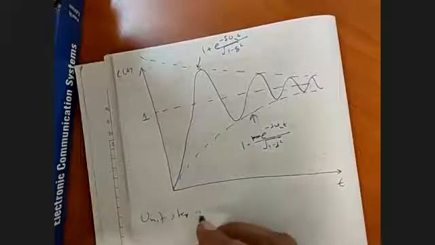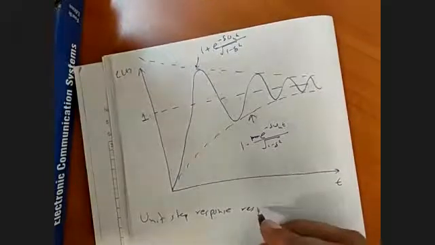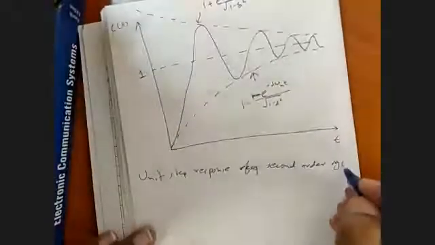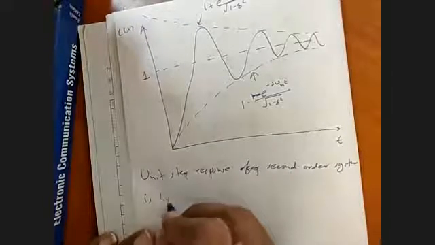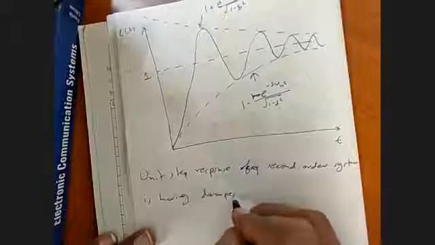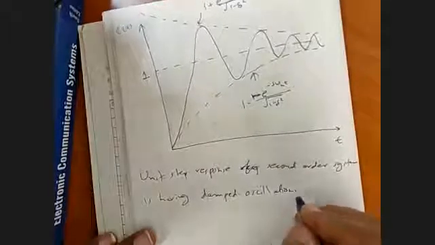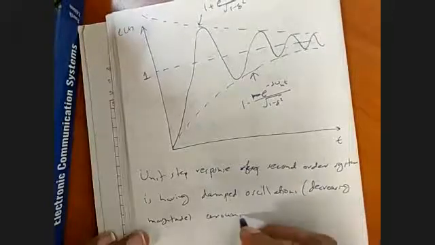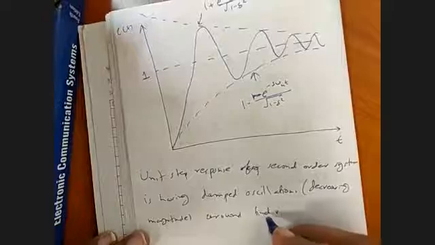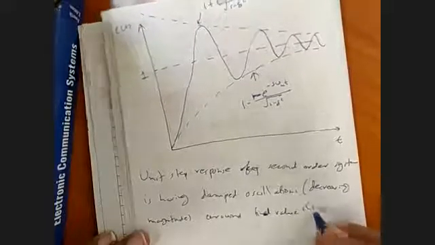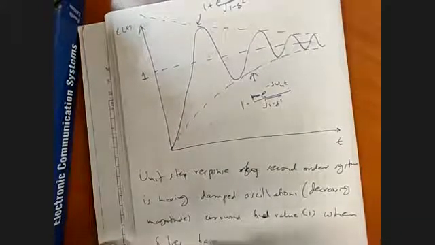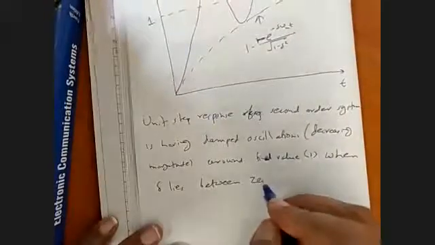The unit step response of a second order system is having damped oscillations of decreasing magnitude around the final value, that is 1, when delta lies between 0 and 1.